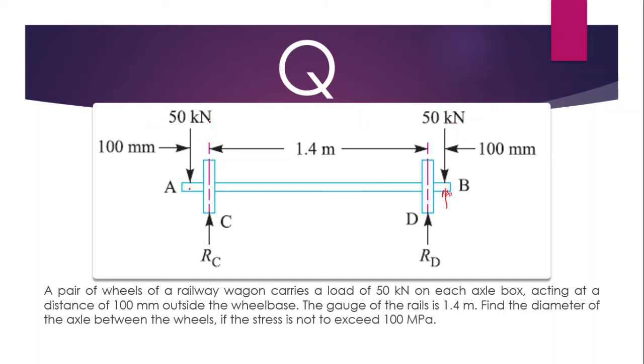The distance between the wheels is equal to 1.4 meter, and this distance is equal to 100 mm.